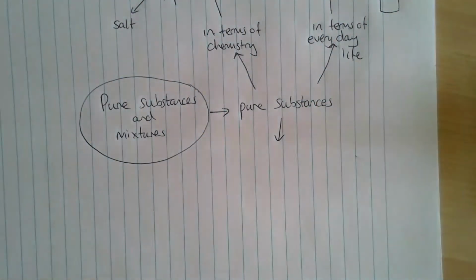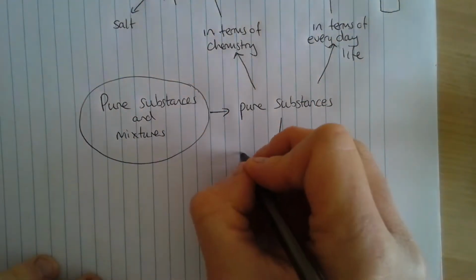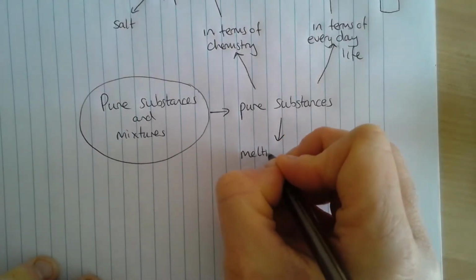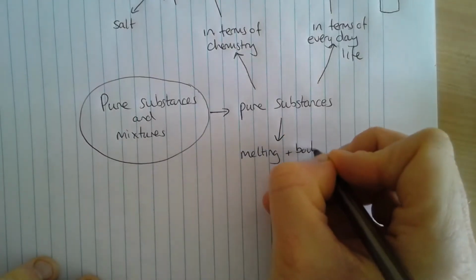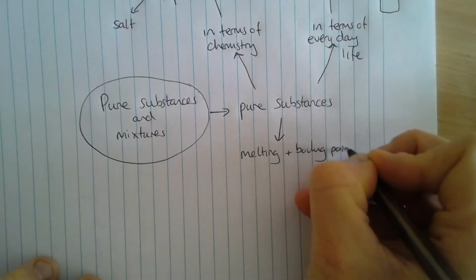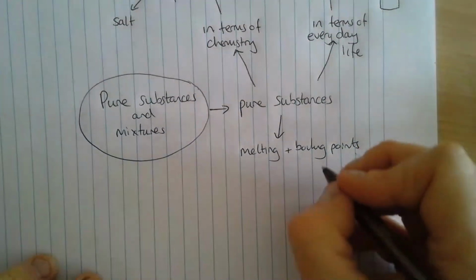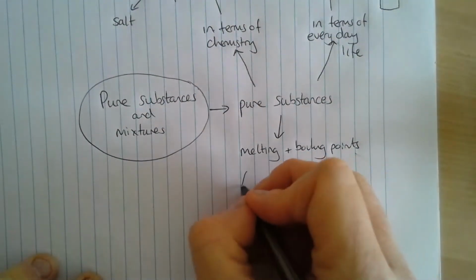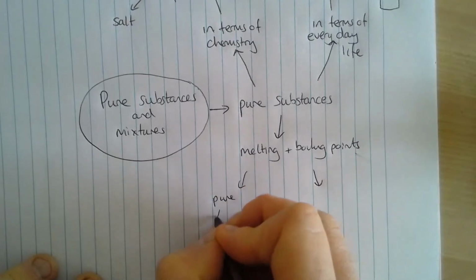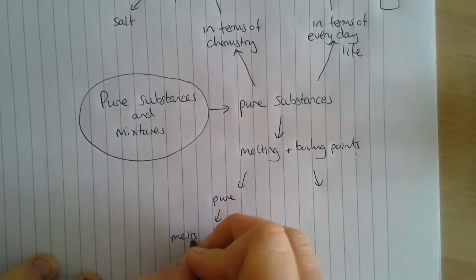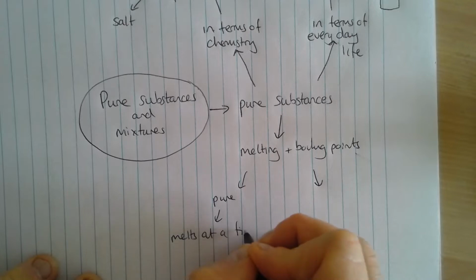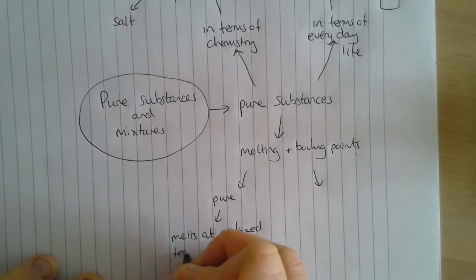We can identify a pure substance by their melting and boiling points. The reason being is that a pure substance melts at a fixed temperature.